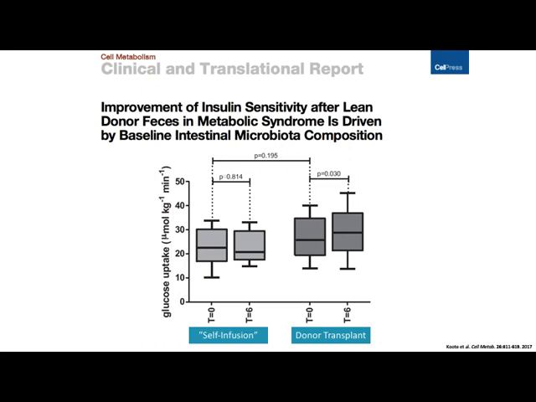Also, what's not shown here is that the half of the individuals that responded were the least diverse. So if you take a sample initially and you measure the diversity of bacteria, if you have few different kinds of bacteria, you responded really positively.